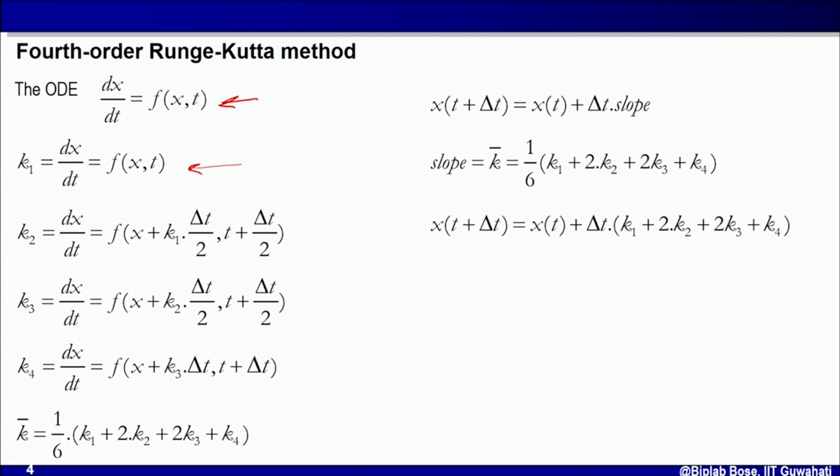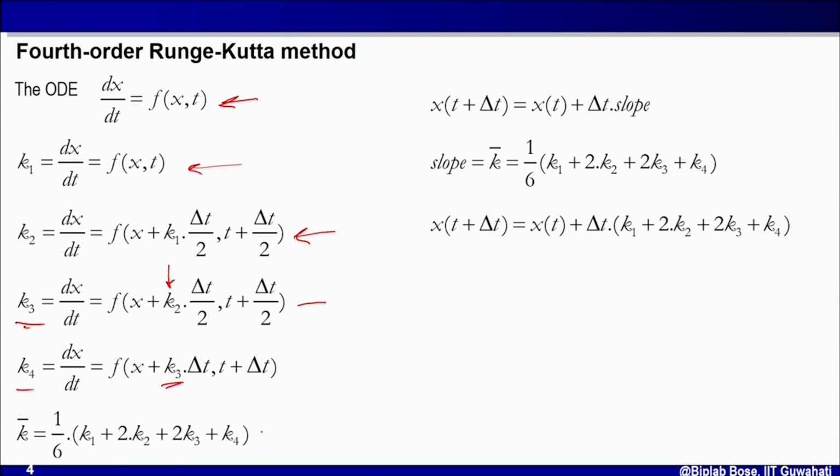Then using that slope I calculate a new slope K2, which is a function of x plus K1 delta t by 2, that is the halfway of your increment, and t plus delta t by 2. That way I use K2 to calculate K3, and then I use K3 to calculate K4, four slopes.